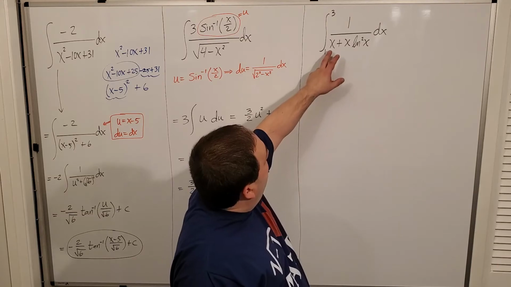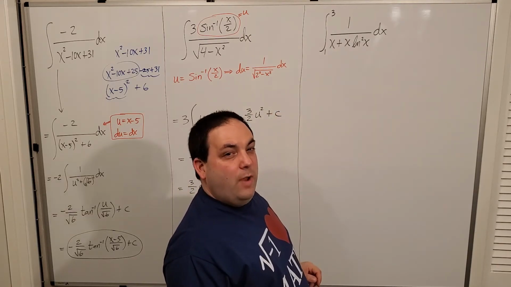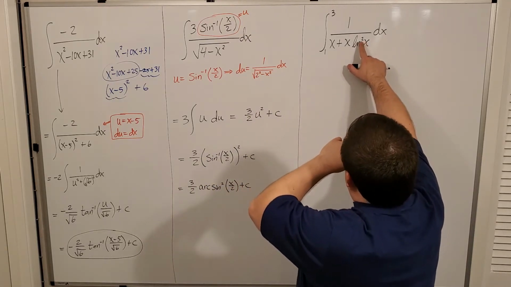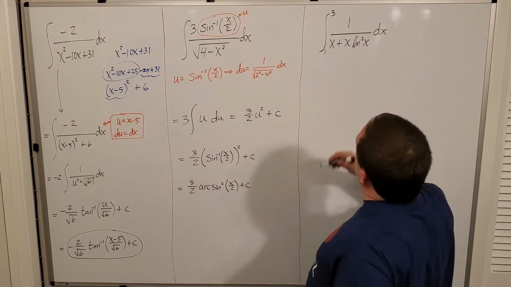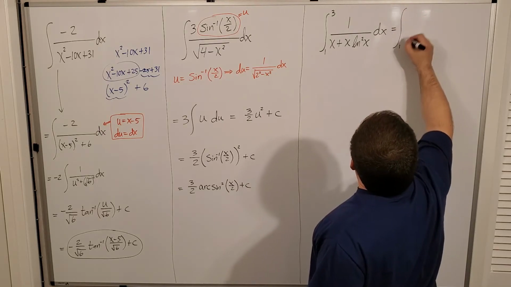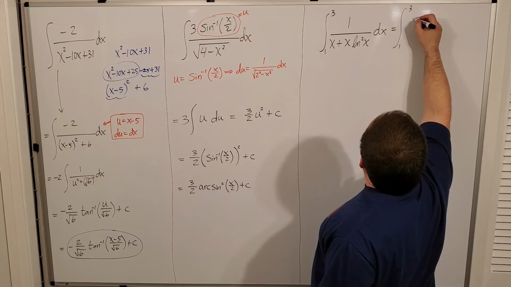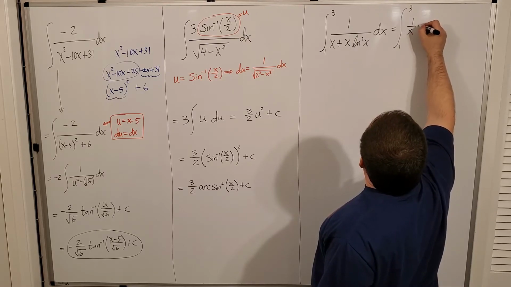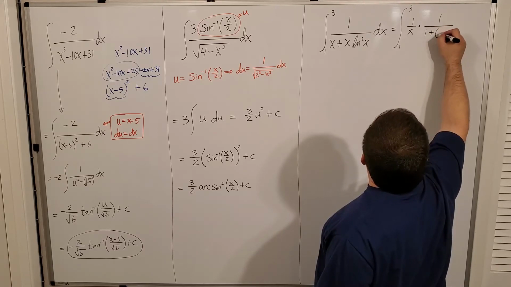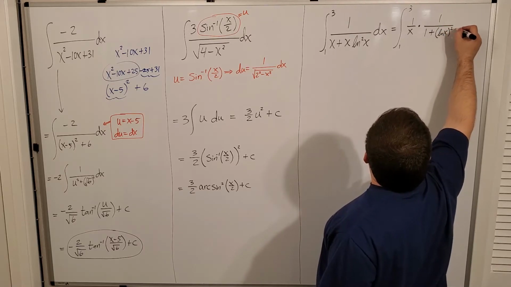Well, I see the x that I can factor out there, and if I rewrote this squared a little bit more with the parentheses, maybe it would make sense. So let's try that. If I factor out the x in the bottom, I get 1 over x times 1 over 1 plus (ln x) squared dx.